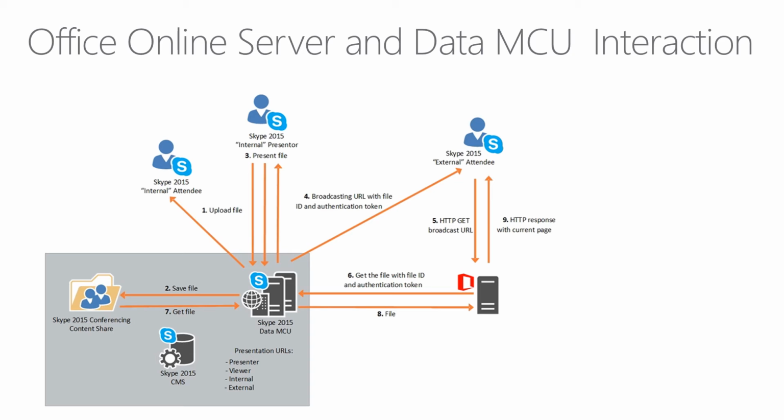The Office Online Server then receives that request and passes it back to the web conferencing server running on the Skype for Business front-end server, which is responsible for retrieving the file from the conferencing content file share. Once the content has been retrieved, it is passed back to the Office Online Server, and this is broadcast out to meeting attendees.